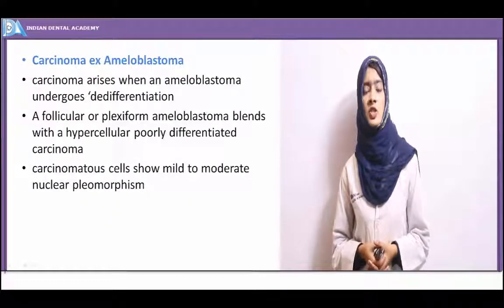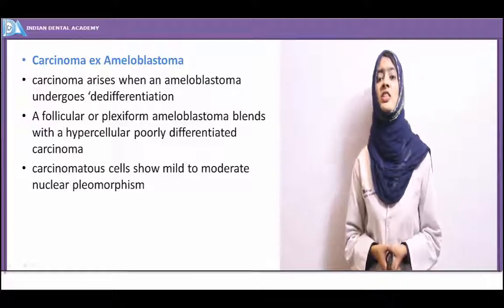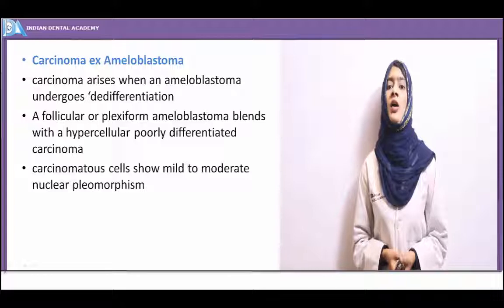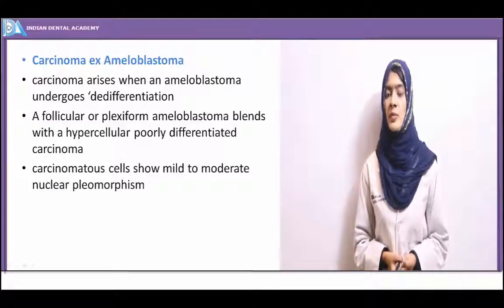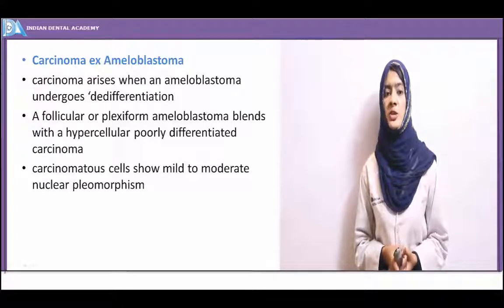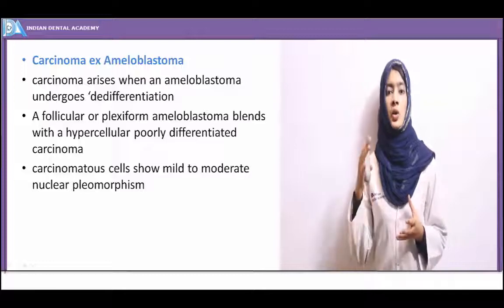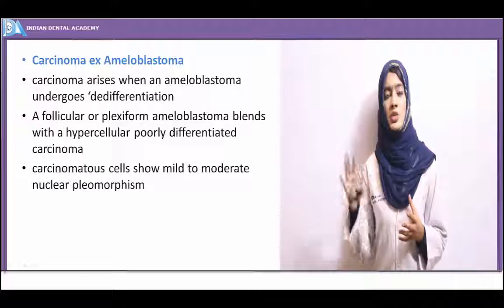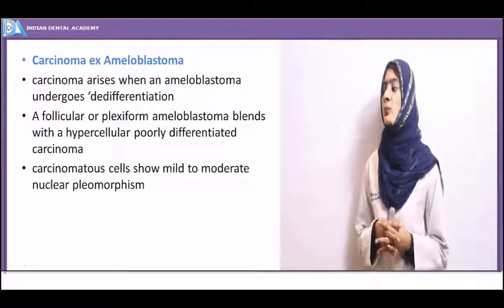Carcinoma ex ameloblastoma is a malignant change which arises when the benign neoplasm ameloblastoma undergoes differentiation, because the epithelial cells show excessive mitotic activity and dysplastic changes that lead to carcinomatous changes here.